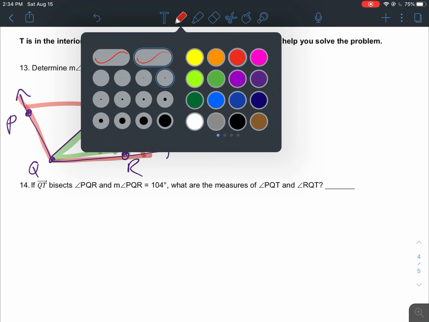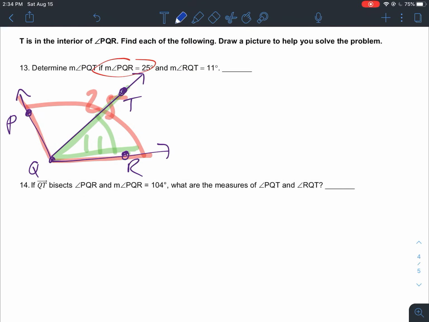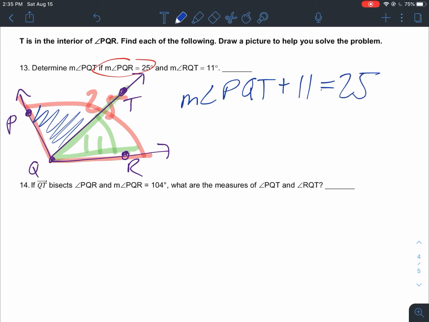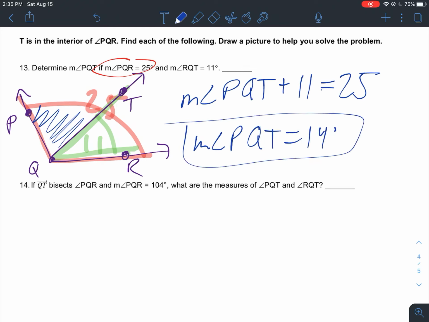And we want to find PQT. PQT is this angle here. Well, we know that measure of angle PQT plus 11 must equal 25. Small angle plus small angle must equal big angle. So we subtract 11 from both sides and we get measure of angle PQT must be 14.